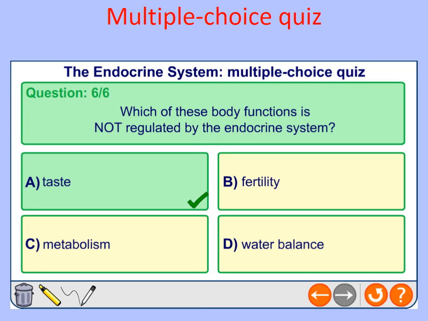So that would be C. Hormones carry messages faster than the nervous system. They are, of course, slower. And which of these functions is not regulated by the endocrine system? That would be taste, of course. Okay, as I say, I'll post a PowerPoint so that you can have a go at that yourself as well.